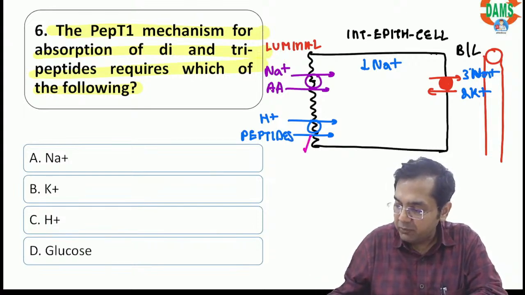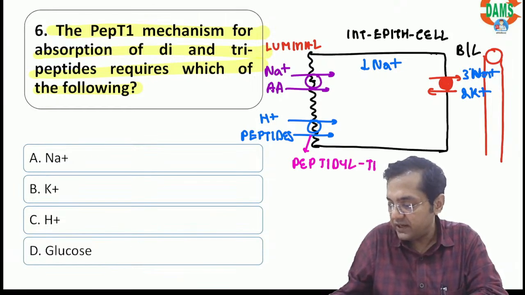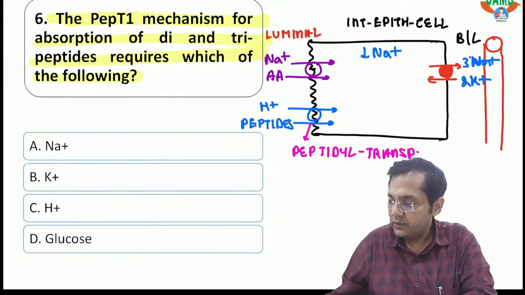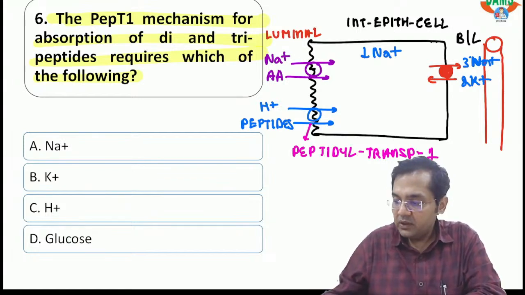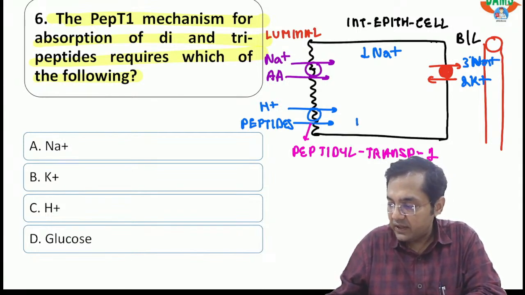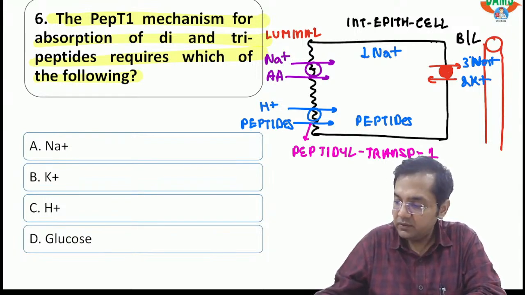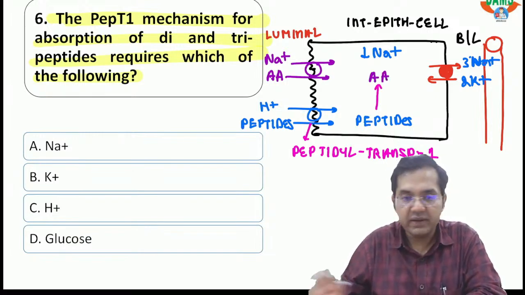And the name of this transporter is peptide transporter 1. Once the peptides come in, they will be broken down into the amino acids, right?